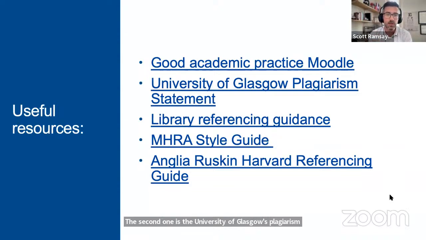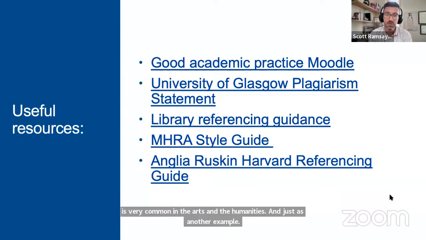We have some referencing guidance at the University Library's website. There is an example of the MHRA style guide there, which walks you through all the details of what goes into a reference in that particular referencing format, which is very common in the arts and the humanities. And just as another example, Anglia Ruskin University has a really excellent guide to the Harvard system.